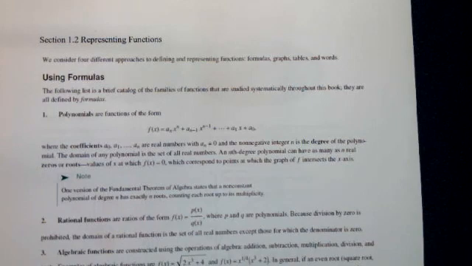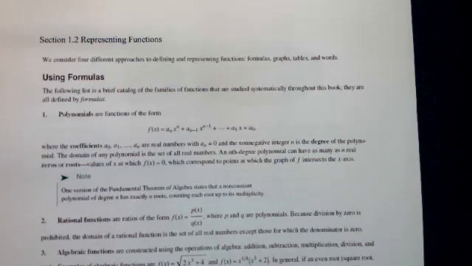The coefficients are a sub 0, a sub 1, all the way down to a sub n. Those are real numbers where a sub n is not equal to 0. And the non-negative integer n is the degree of the polynomial, which is the highest exponent in that polynomial function.